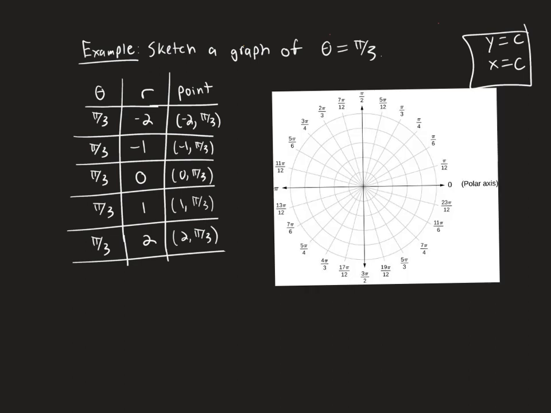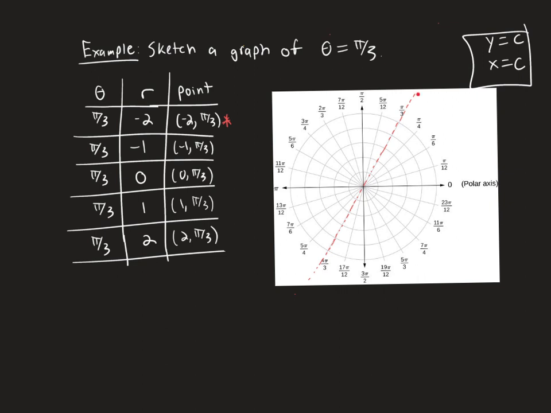Okay, now let's start plotting these points. Remember, there's two ways to plot them. First, we can find r and then the angle, or vice versa. Let's do the angle, pi over 3. The angle is pi over 3 means that all of our points have to be on this red dashed line. All of our points have the same angle of pi over 3.